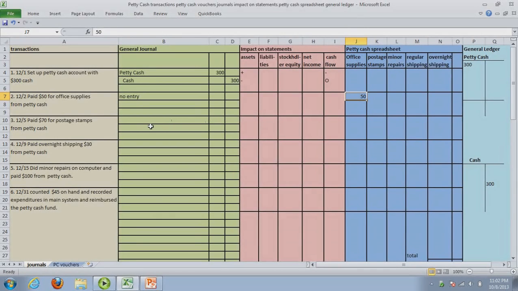Next, we paid cash for postage stamps for the petty cash fund. Okay, once again, it's not the bookkeeper's issue. There is no entry in the general journal, in the statements, general ledger, etc. So the petty cashier would be handling this through their own records. So the postage stamps, we have a column for that, so we'll enter that. And then we'll fill out another petty cash voucher.